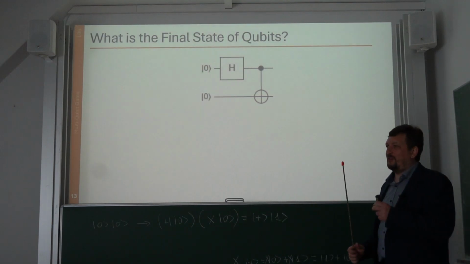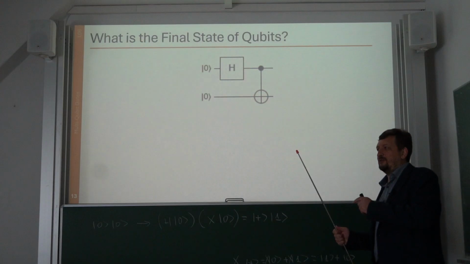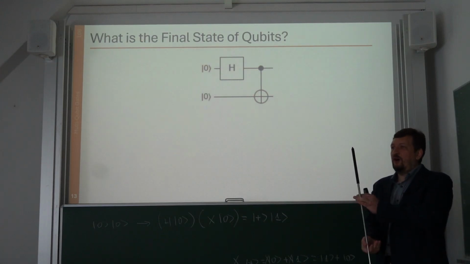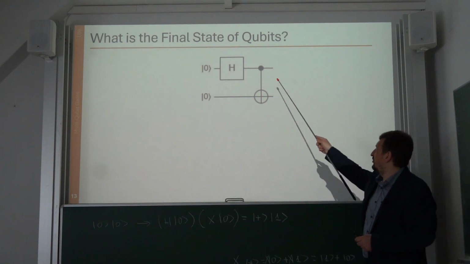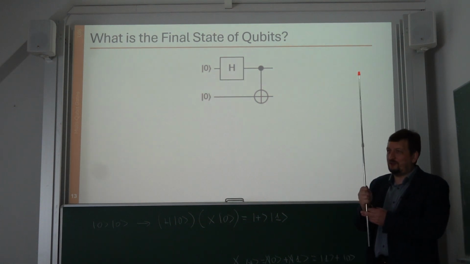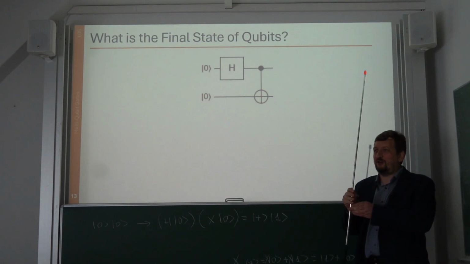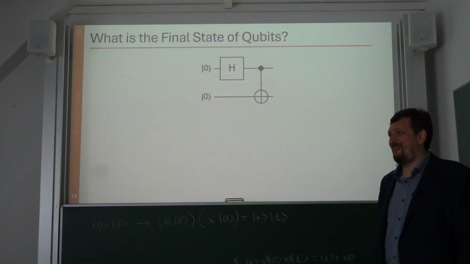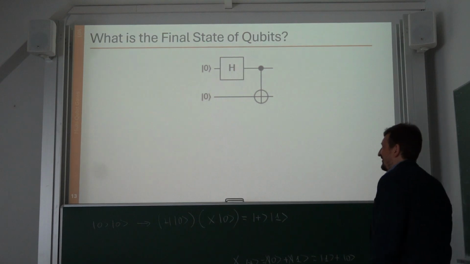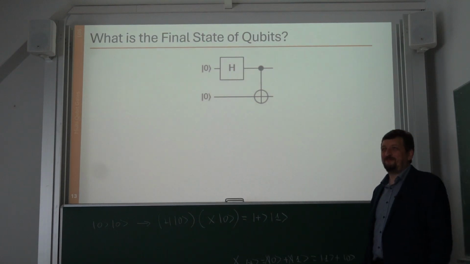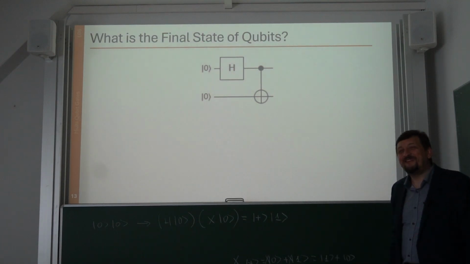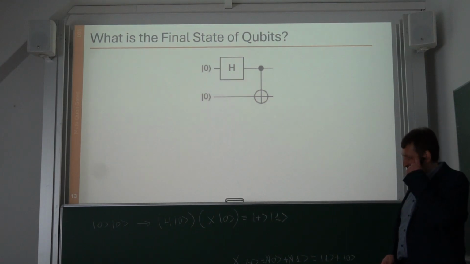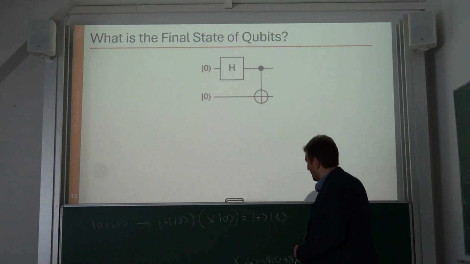Well, control is like when it's 1, it applies X, when it's 0, it doesn't, so we distinguish between state 0 and 1. So this control always works, you can say that it works in that axis. So there will be a superposition, both states together, 0 and 1. Okay, let's work it out.